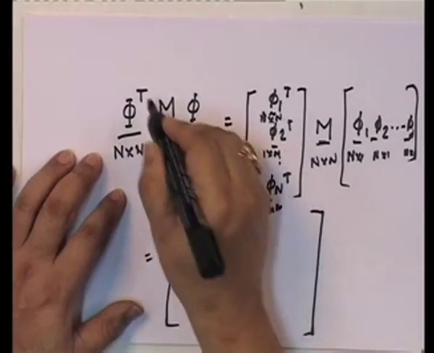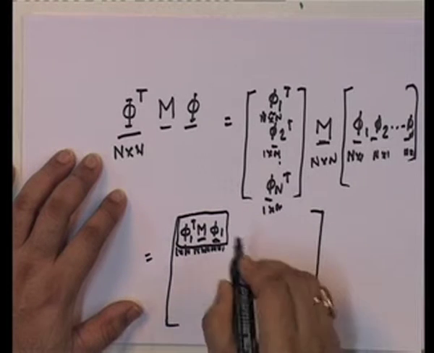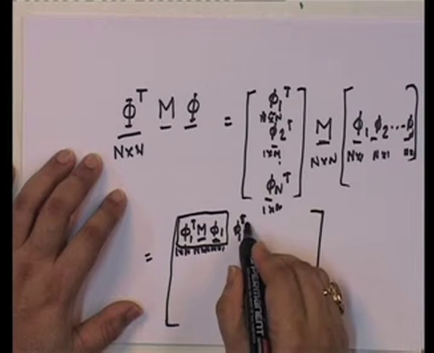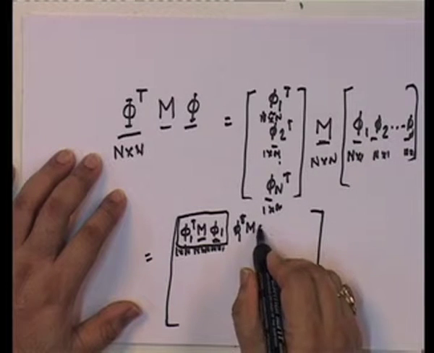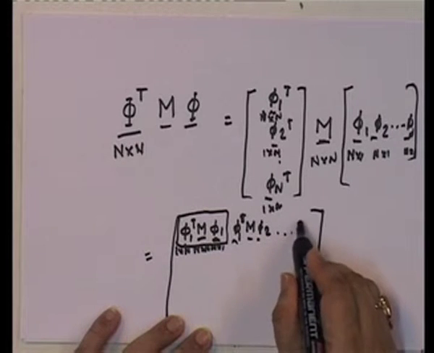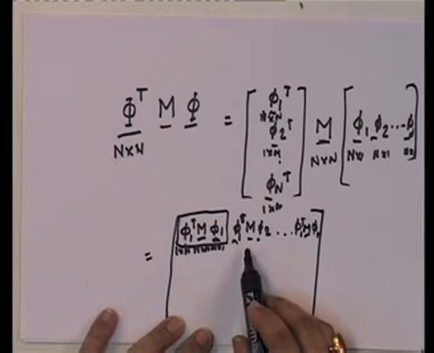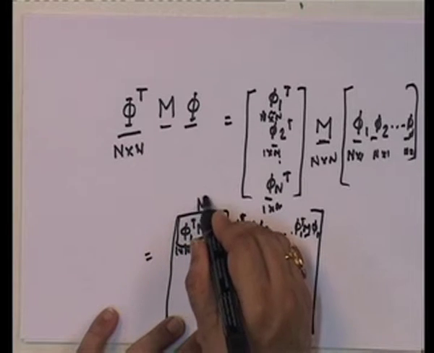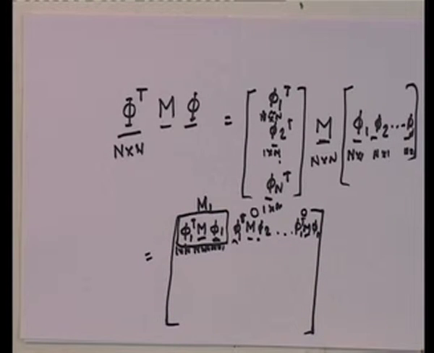So, in this matrix, the first one is this. What is the second one? Phi 1 transpose m phi 2. What is that? And all of these go up to phi 1 transpose m phi n. By definition, this is m 1 and these are all 0, by the orthogonality property.